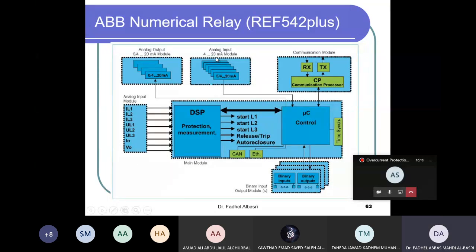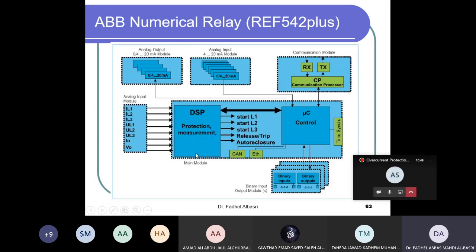For example, a relay can receive the temperature of a transformer winding or a motor winding. We have a transducer that changes that temperature, or whatever signal I have, to a 4 to 20 milliampere signal that corresponds to a range of temperatures. So then I can also receive it as an input.